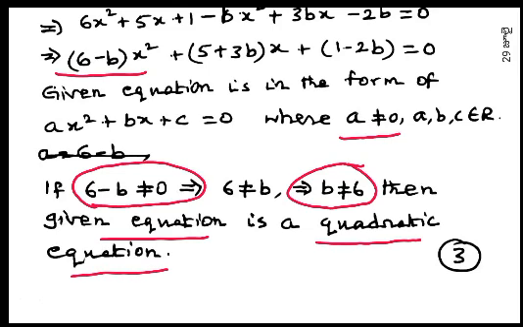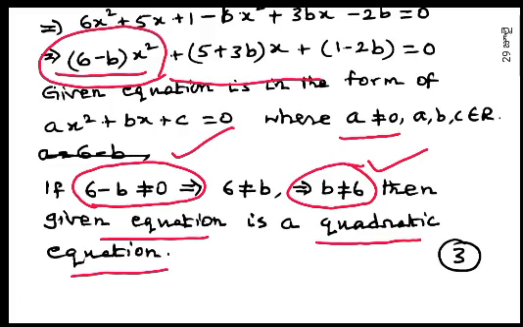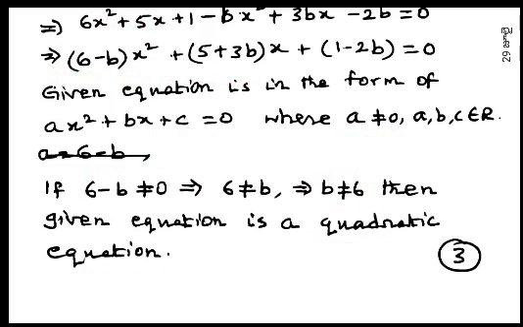This is the condition. We must mention if 6 - b is not equal to 0, or b is not equal to 6, then the x² coefficient will not be equal to 0. When the x² coefficient is not equal to 0, we say that the given equation is a quadratic equation.